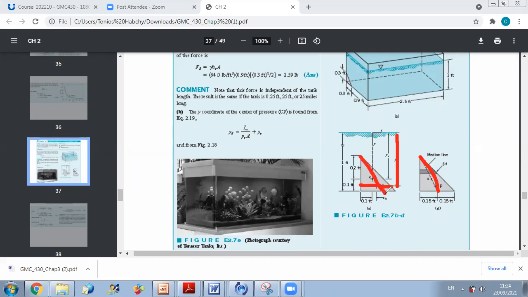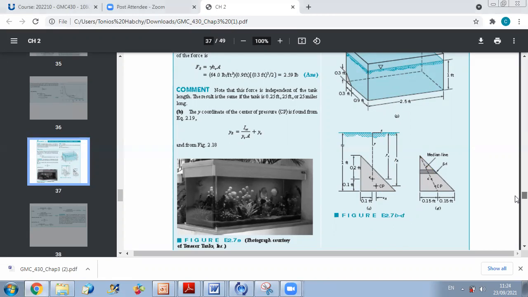So this will allow you to determine the position of your center of pressure. Any question on this? How we determine the location of the point of application of the force?